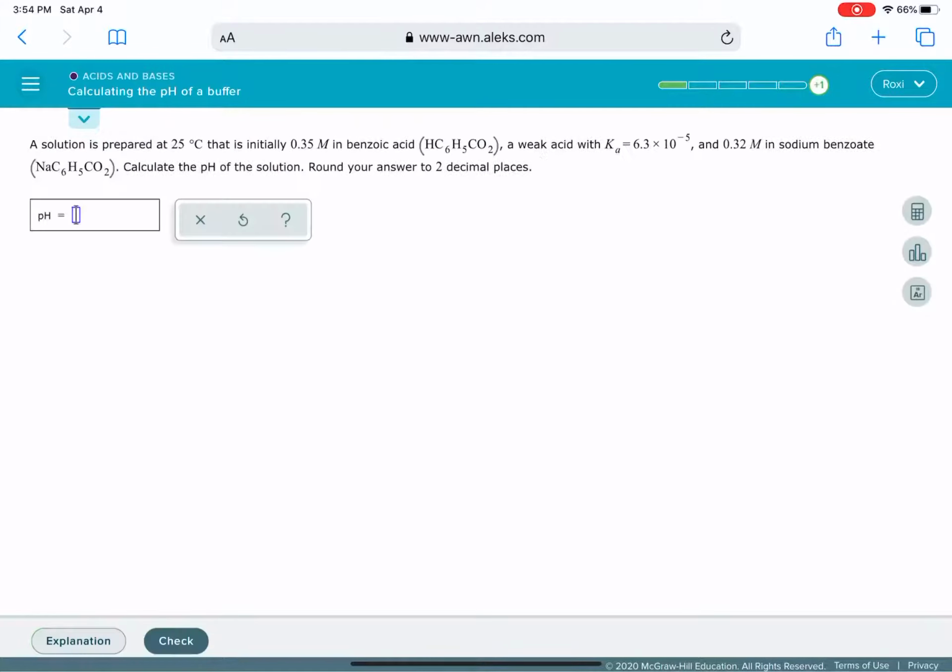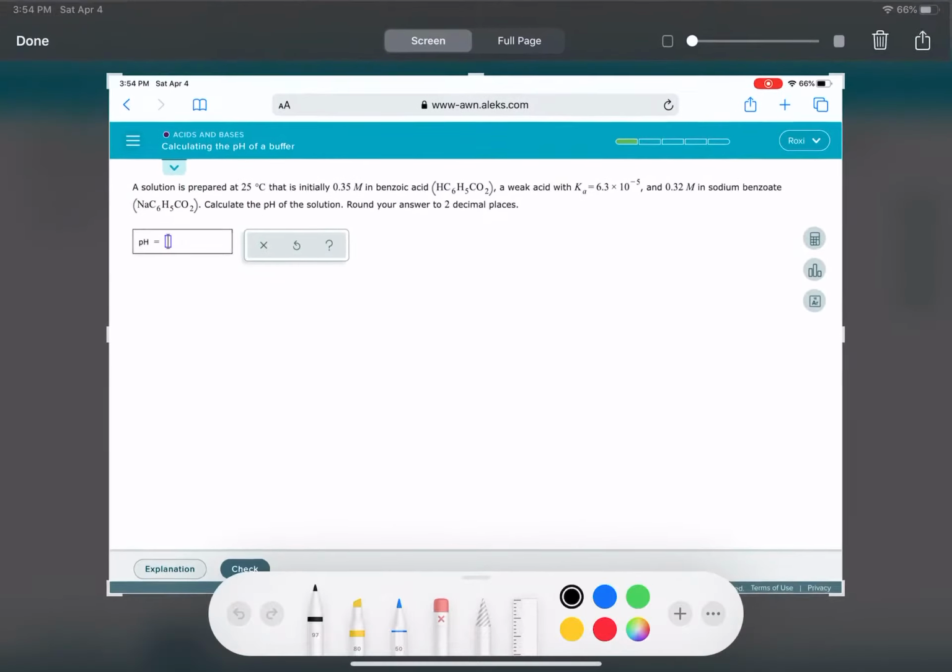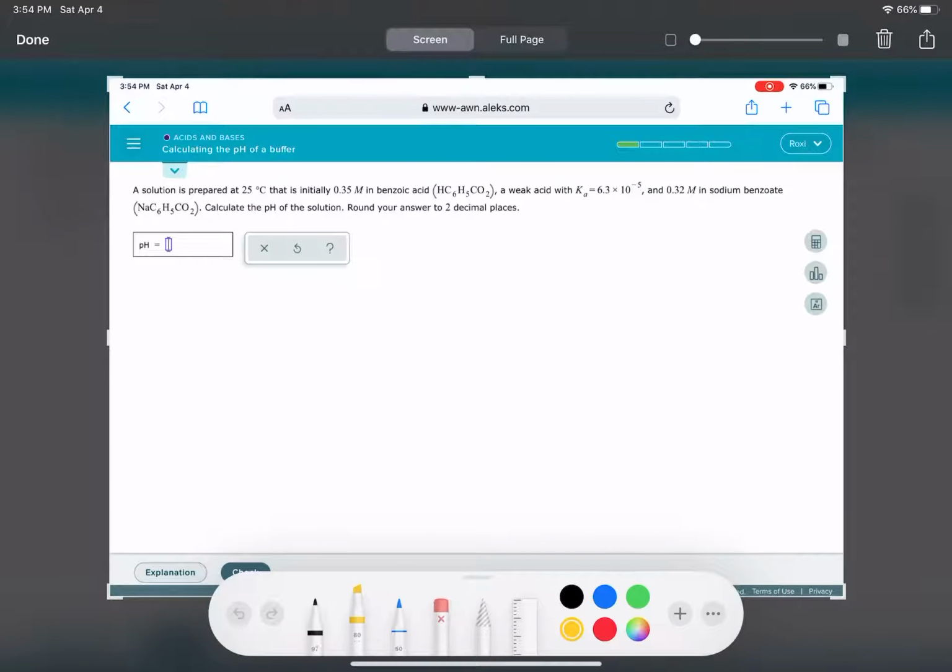And so let's go ahead and do another one so that you've got a couple of examples. This one, again, we're being asked to calculate the pH. We have a Ka. We have concentration of one substance and concentration of our second substance.